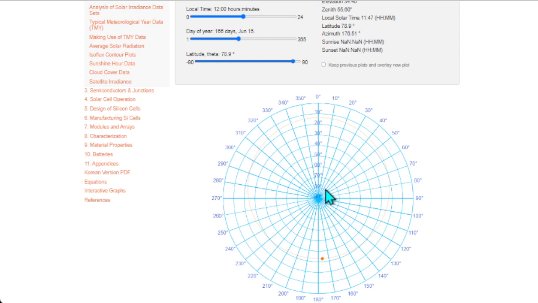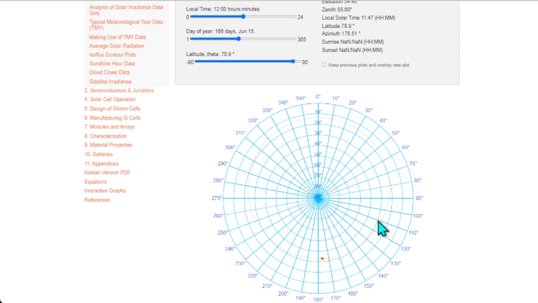So if you're in Norway, very far north, the sun is actually going all the way around this circle because it's closer to the North Pole. So when you get to the summer solstice, it's the closest the sun is going to get if you're in this place in Norway.